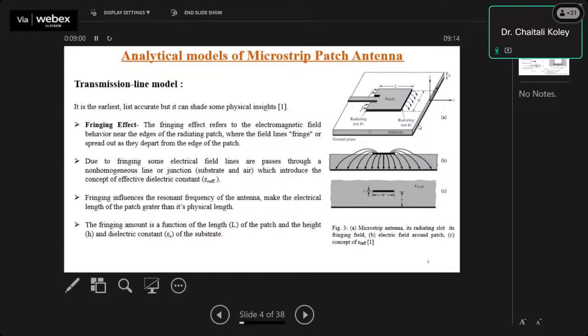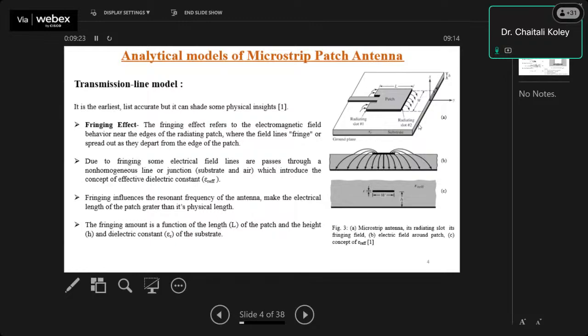When the electric field is launched, the electric field and magnetic field both move to and fro within the box, as we are considering it a cavity structure. So as they move to and fro within the box, some will leak out from the box or patch periphery.